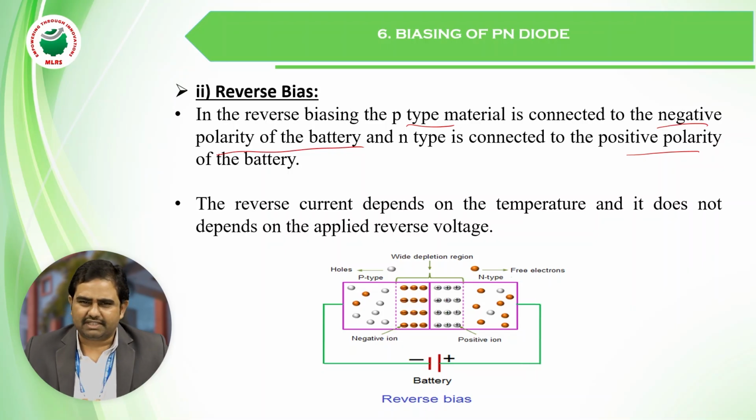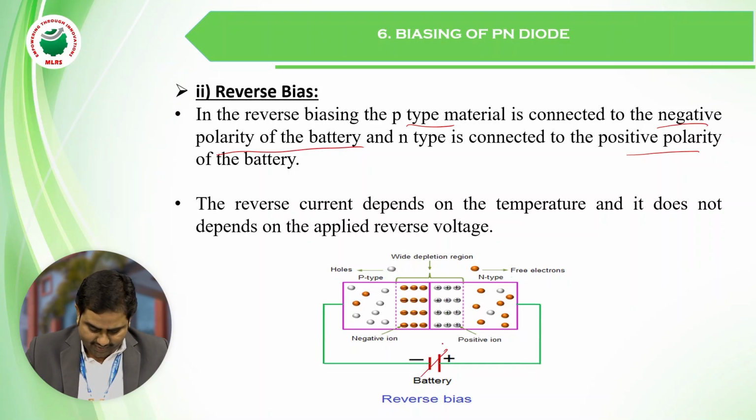One point we discussed during forward bias is that like charges repel each other and opposite charges attract each other. Based on that, let us observe the reverse bias condition. We connect p-type material to the negative polarity of the battery and n-type material to the positive polarity, and keep on increasing the reverse voltage. Now we will see what will happen.